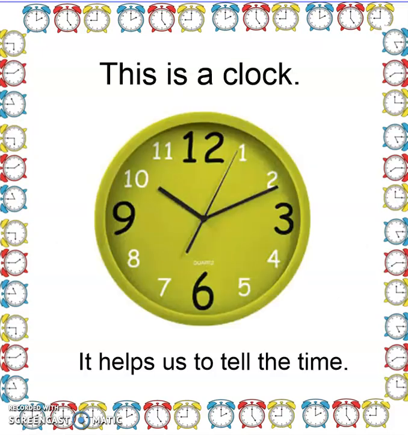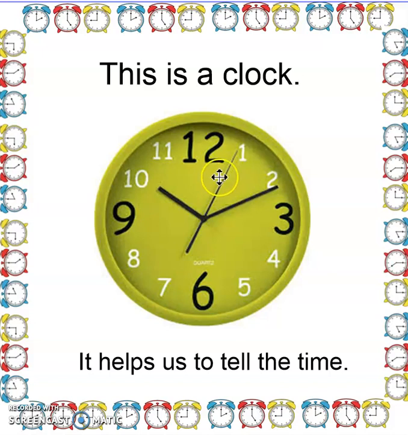This is a clock. It helps us to tell the time. It has 3 hands: the short hand, the long hand, and the slim hand. The short hand is our hour hand, and the long hand is the minute hand.